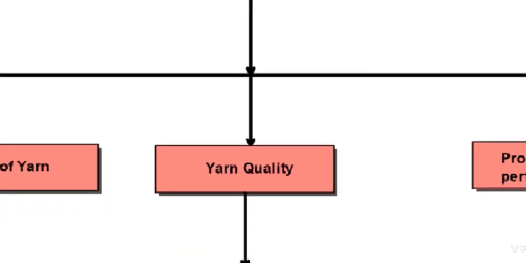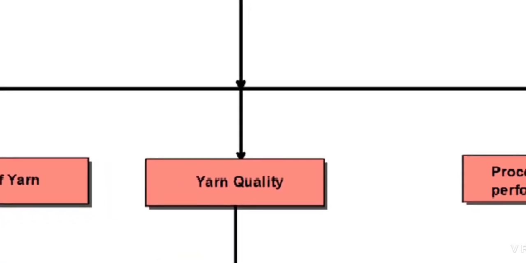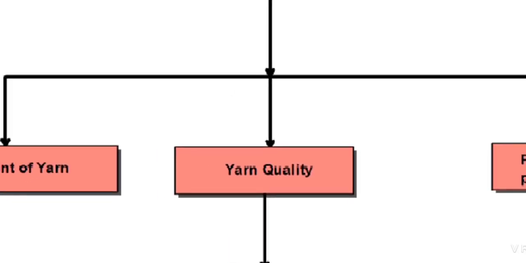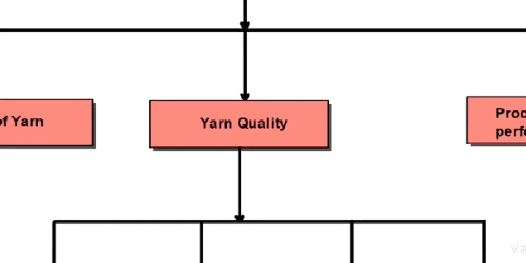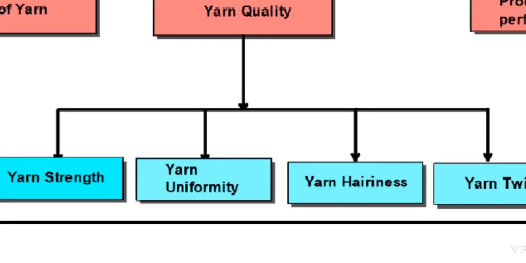When you combine these three factors together, spinability is defined as ability of fibers to spin to finest count with specific yarn quality with ease of spinning. Now when you say specific yarn quality, you should take care of these yarn parameters: strength of yarn, uniformity of yarn, hairiness and twist, because these are the most important quality parameters of yarn.